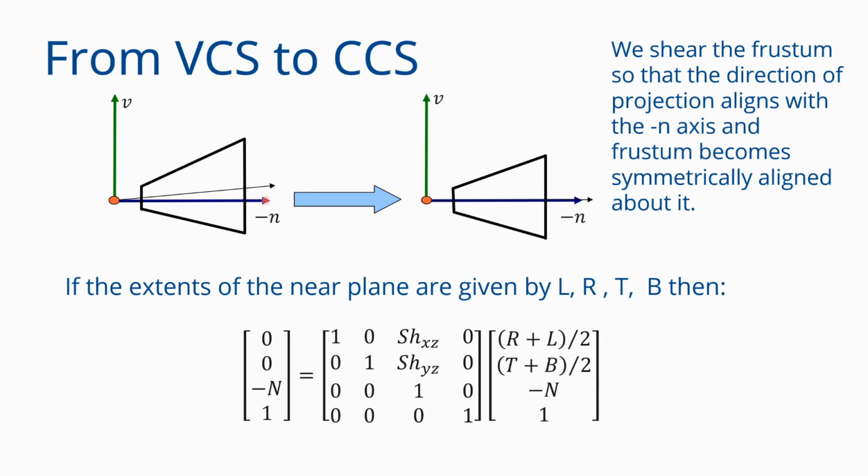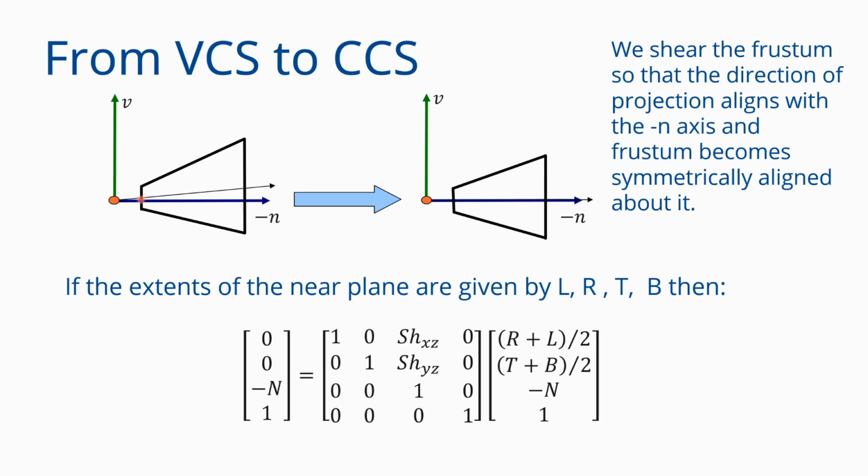So the first operation that we want to do to our frustum is to transform the frustum in a manner such that the n-axis passes through the center of the near plane and the far plane. What kind of transformation will this be? Let us think about it. This transformation cannot be a translation, because for a translation you have to apply the same transformation to all the points of the frustum, remember.